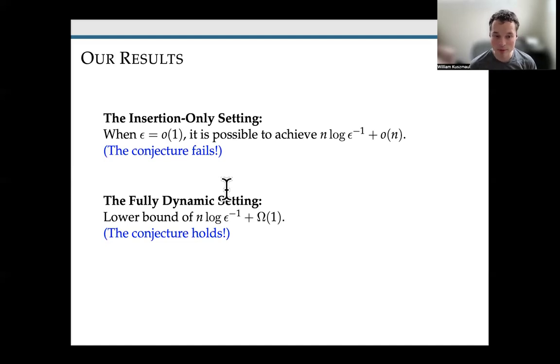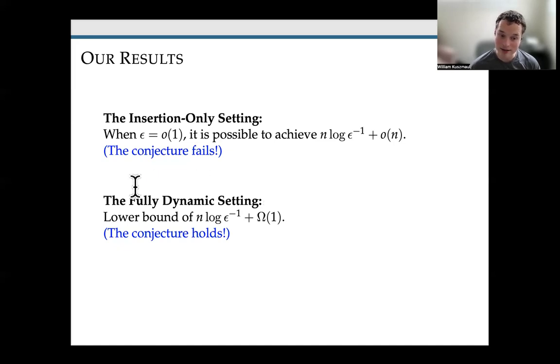So what we prove for this problem is actually two results. The first is that in the insertion-only setting, there's actually a good reason why the previous lower bound could only handle constant epsilon. And that's because for subconstant epsilon, there actually is a better upper bound. So in this setting, the conjecture fails, and you can get a similar style space bound to what you got for the static case.